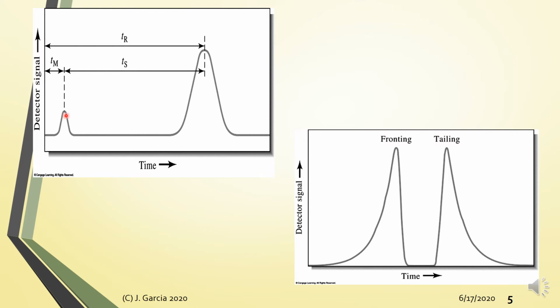All right. Now T sub S is just the difference between the retention time and your dead time. In some books, this is represented as T prime R. So T prime R or T sub S is referred to as your corrected retention time for this particular solute.